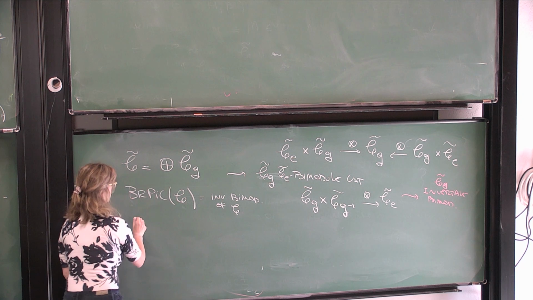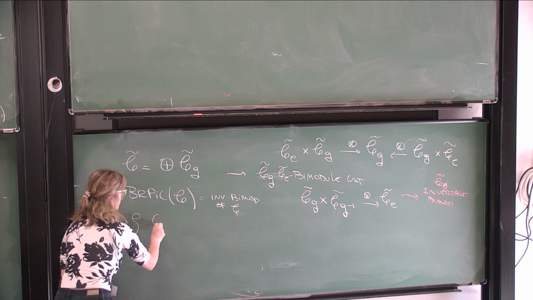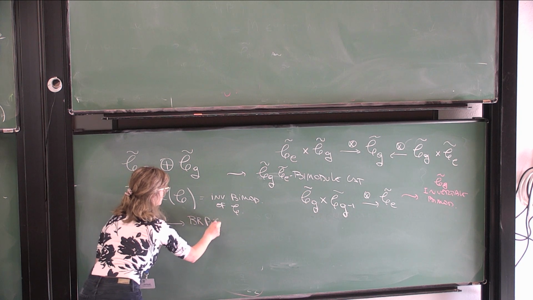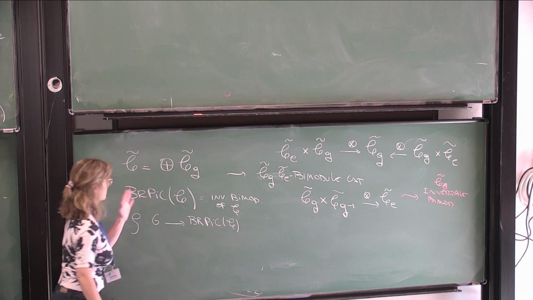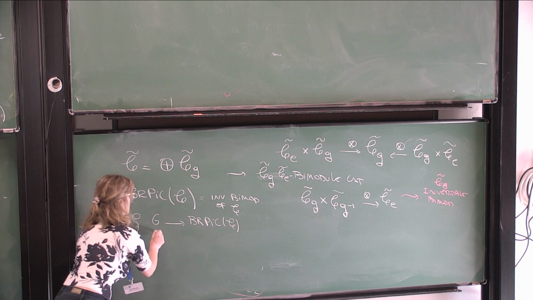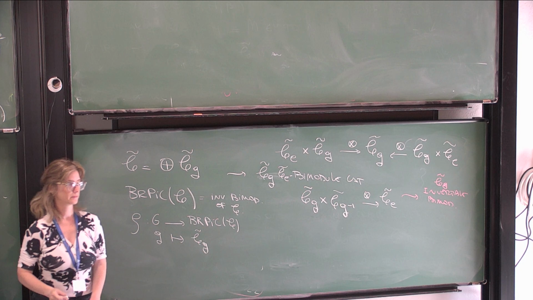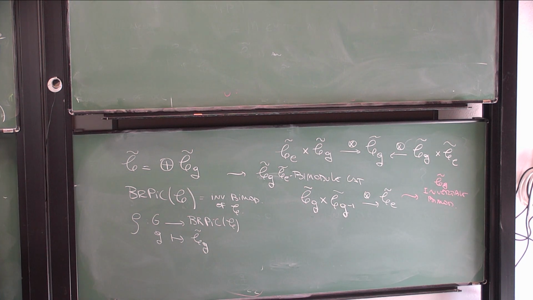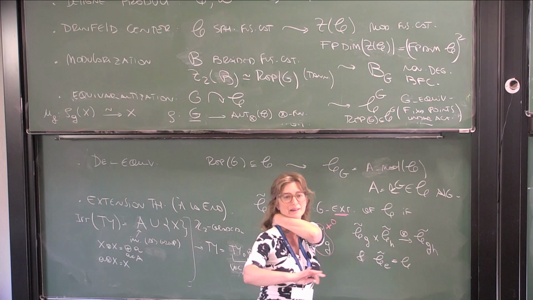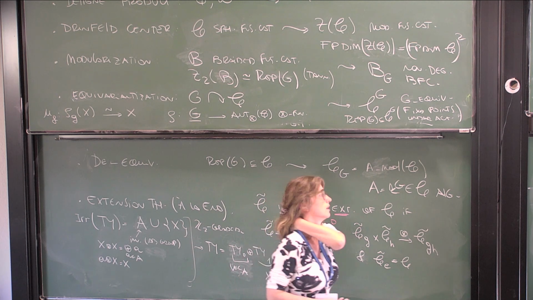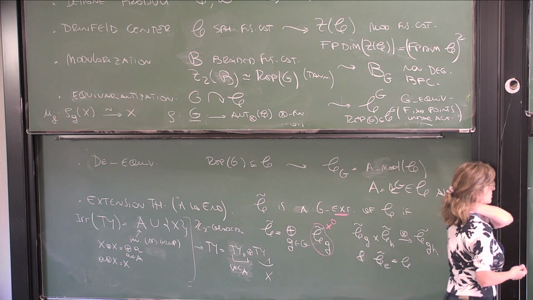Then if I want to define an extension, I will need to have a map from G to this Brauer-Picard group of C. This is the name, Brauer-Picard, that sends each of these to one of these invertible bimodules. But of course, life is not that easy. If I do that, I will have a grading, but that doesn't mean that I will get a nice fusion category.